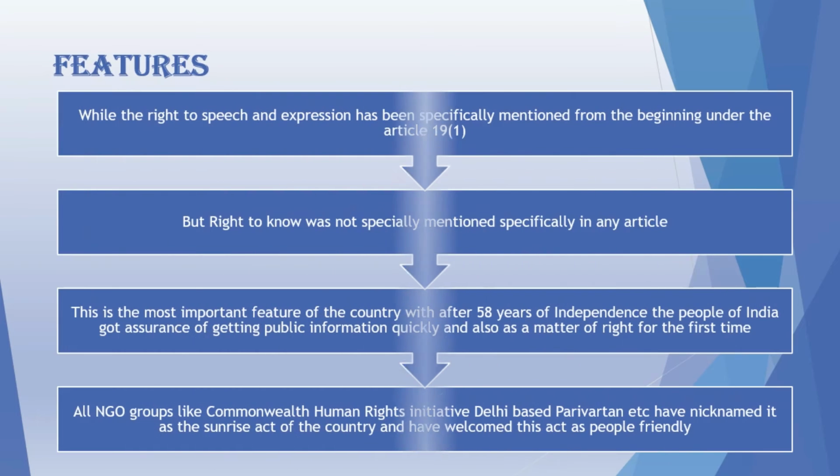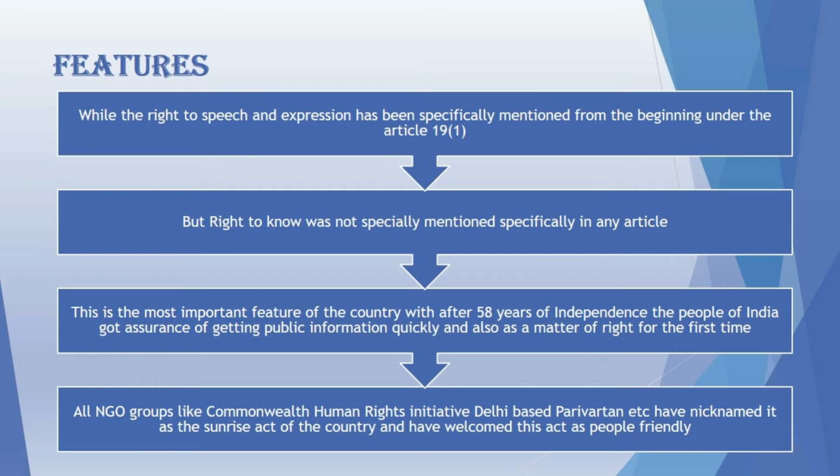Now coming to the point, the features. So specifically, from the beginning under Article 19(1), the right to speech and expression is mentioned, but the right to know was not specifically mentioned in the Constitution.